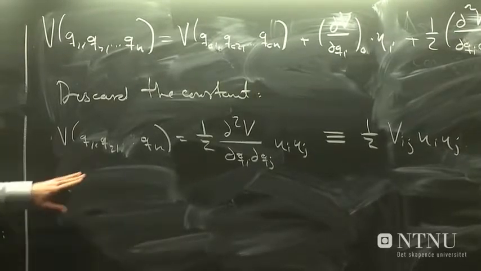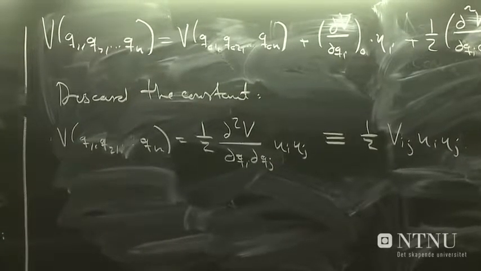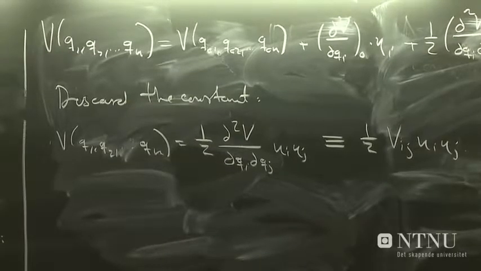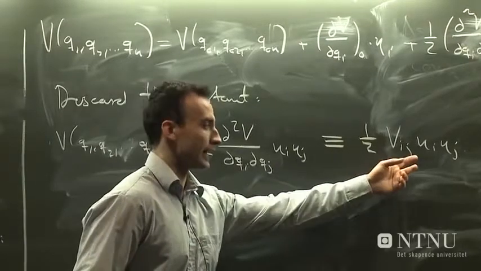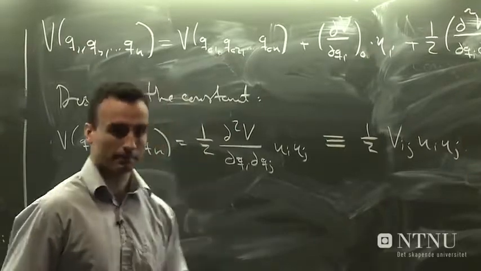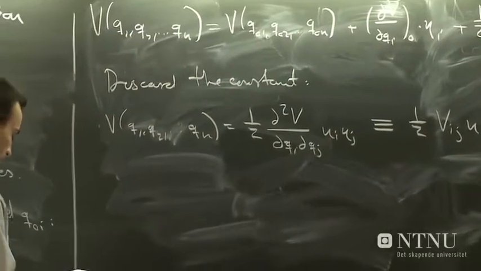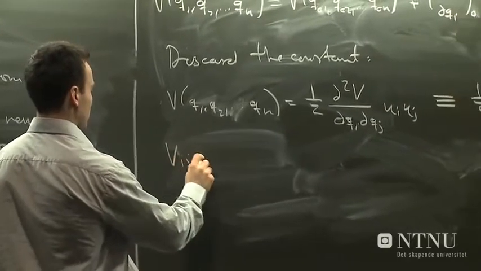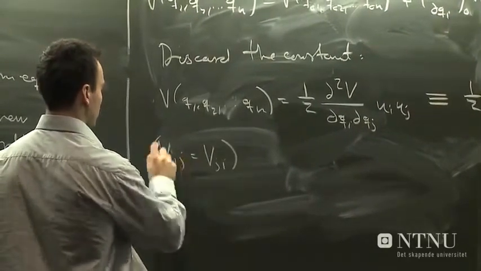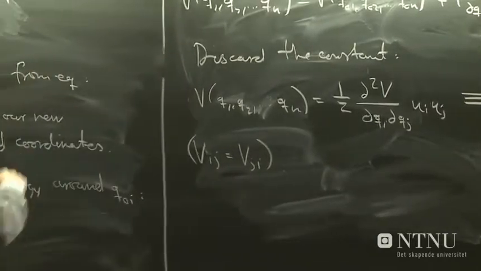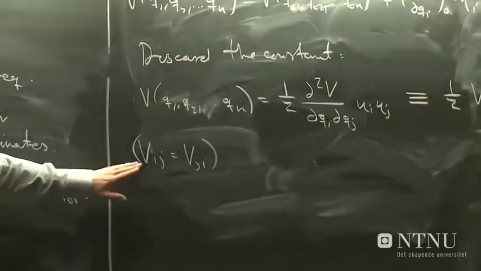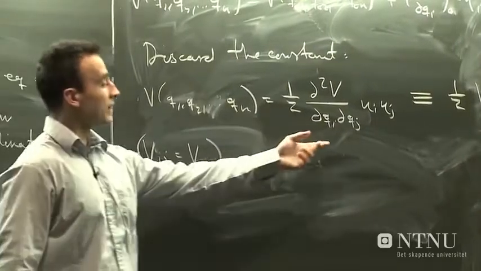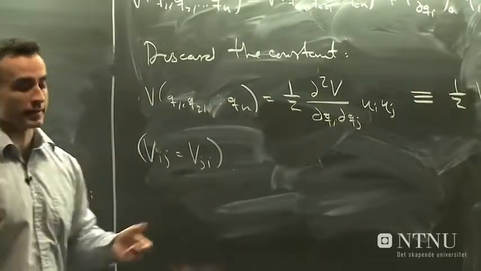What this equation tells us is that the potential energy at the value of a generalized coordinate slightly perturbed from the equilibrium configuration is given like this, where eta i and eta j are the perturbations. And as long as V is a well-behaved mathematical function, it's also symmetric. We can just exchange the order of derivation.